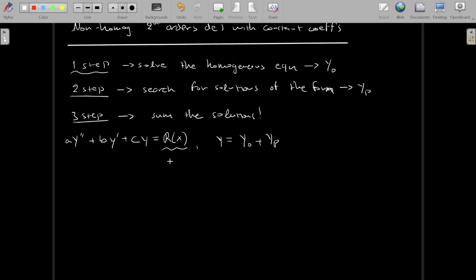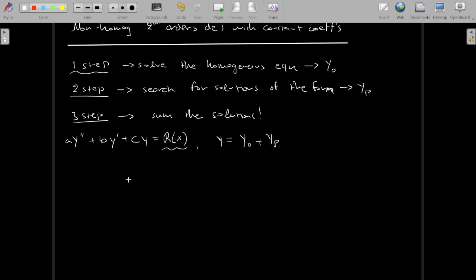And we try and search solutions that are very similar to it. For example, if R(x) is a polynomial, then we are searching for polynomials of the same degree. If R(x) is an exponential or a linear combination of exponentials, then we search for a linear combination of the same exponentials.